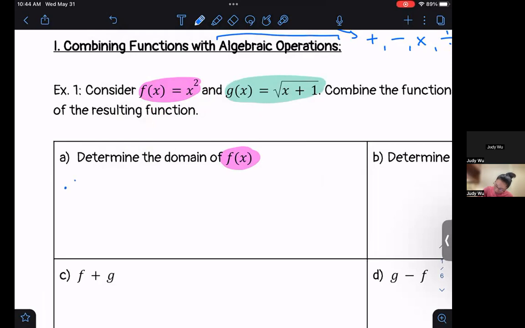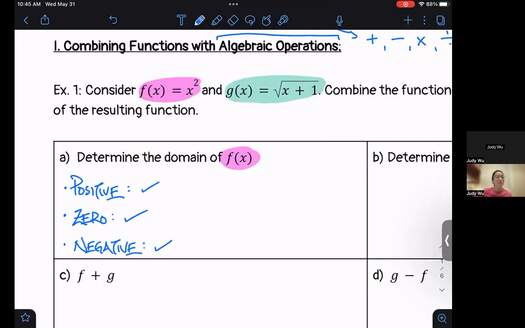Now for the positive numbers, can I put a positive number into x squared, and will that be okay? Our answer is yes, we can square a positive number. What about 0? Can we square 0? Yes, we can. And a negative number, can we square a negative number?